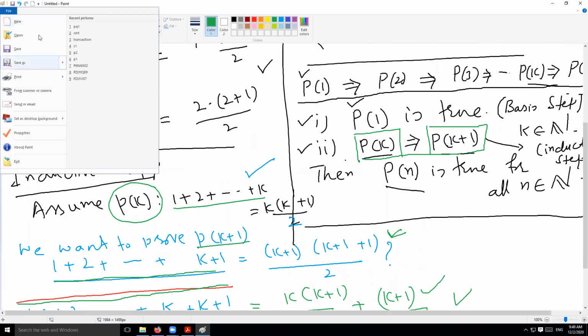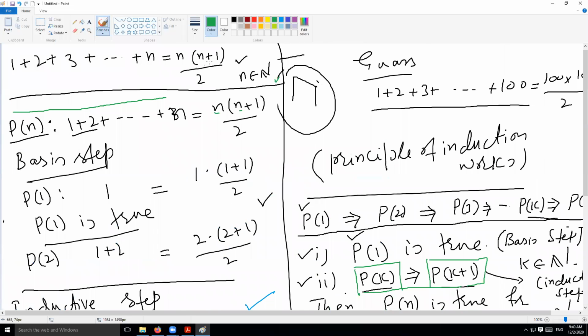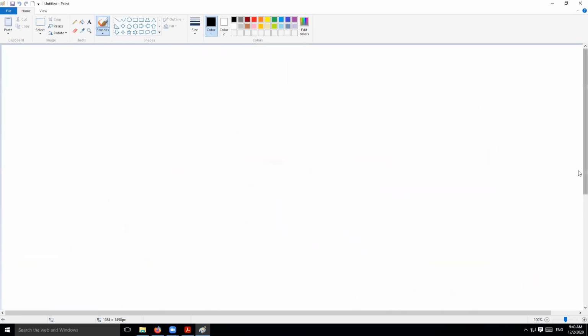Okay, so what we just proved is that the sum of the first n natural numbers is always equal to n times n plus 1 upon 2, and we proved it through the principle of induction. So let me prove another identity. There are some identities that you should always keep in head. Okay. So for example, now let's prove another identity.